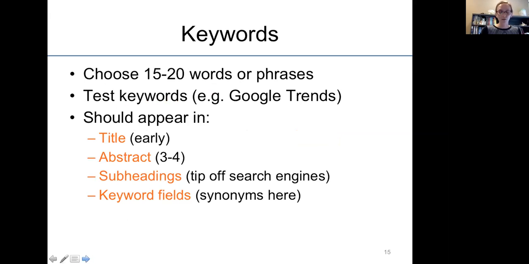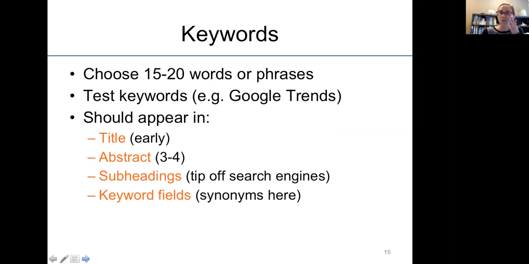Keywords are another component of your paper that is often overlooked. So one approach to choosing keywords so that they really work for you, so that people can find your paper, is to first start by choosing 15 to 20 words or phrases.